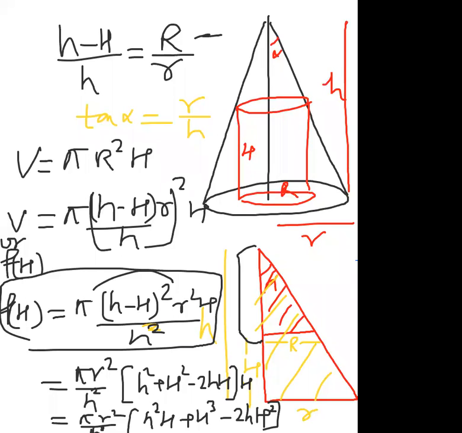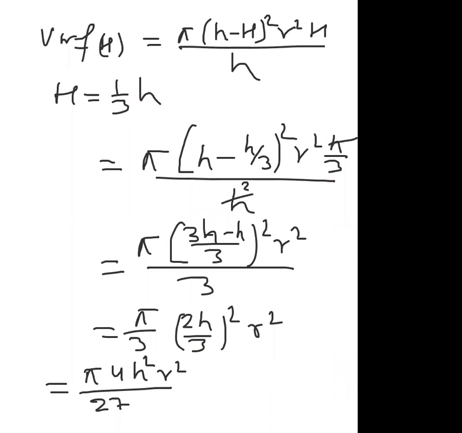So it becomes now, there is a small change. Now, just now we have calculated R is equal to H tan alpha. So it becomes 4 by 27 pi H. R square can be written as (H tan alpha) whole square.